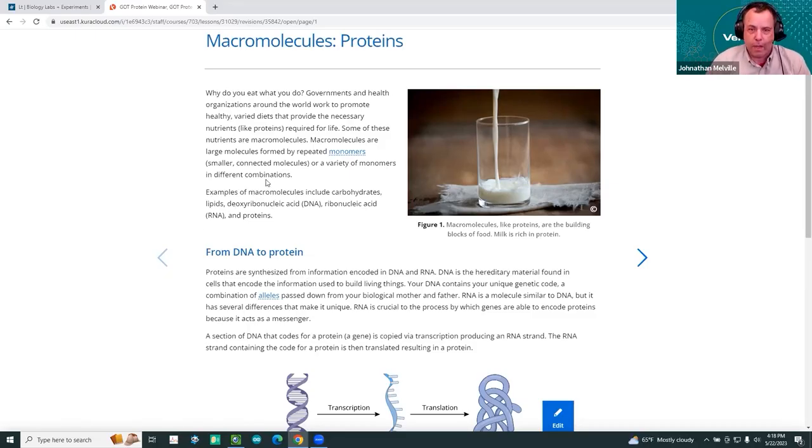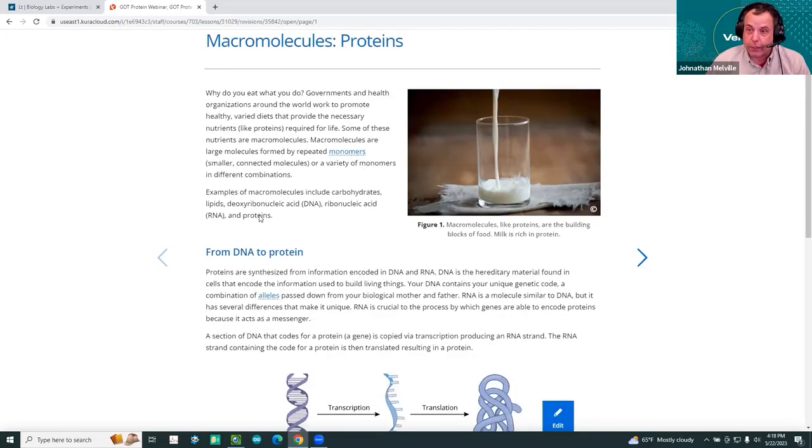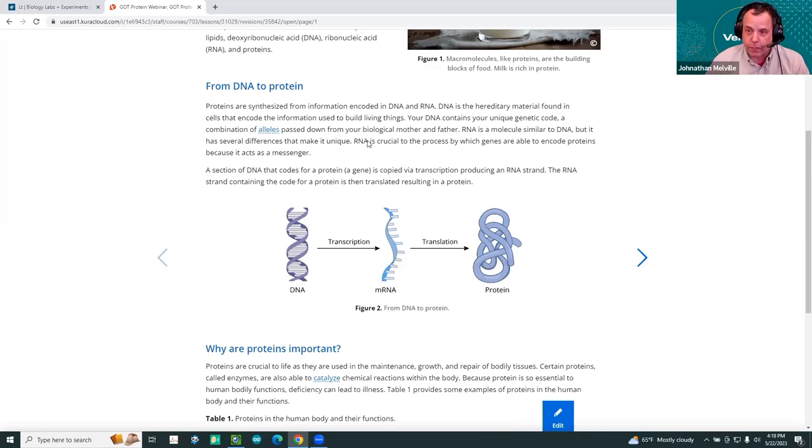So for example, this lab that uses the Gut Protein kit is really an introduction to macromolecules and talking about proteins. We all know that proteins are really important. We also all know, right, that proteins are made, basically there are genes in DNA that are transcribed into RNA that are then translated into protein.